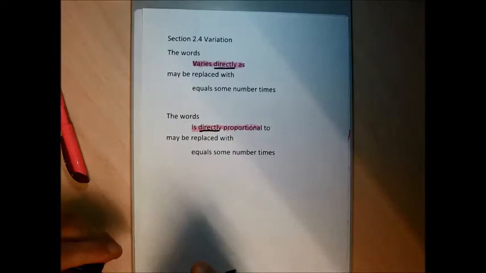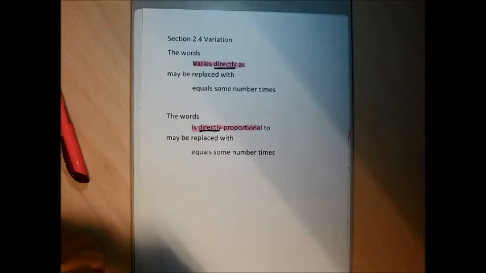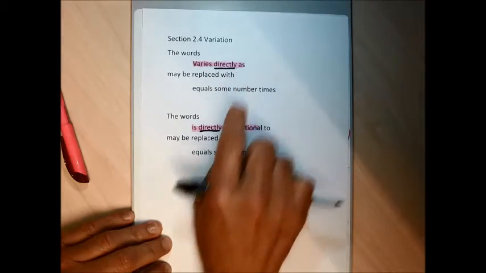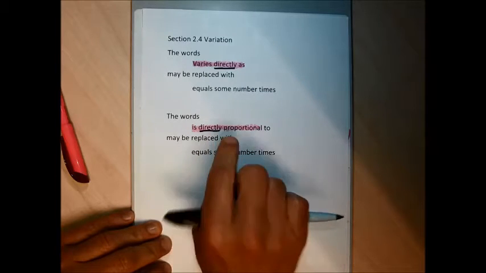And on this sheet, the first of the three words is directly. And that word directly in this section will be sandwiched between some words. So in some of the word problems, I might run across the words varies directly as, or I might run across the words is directly proportional to.